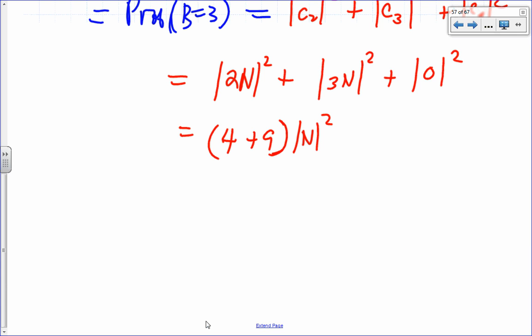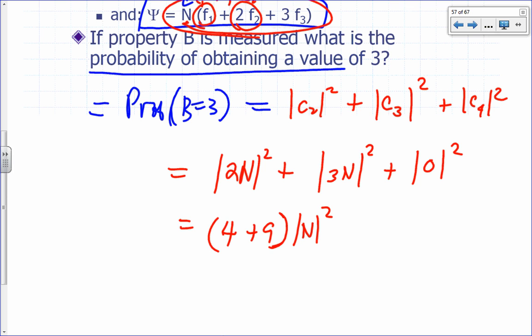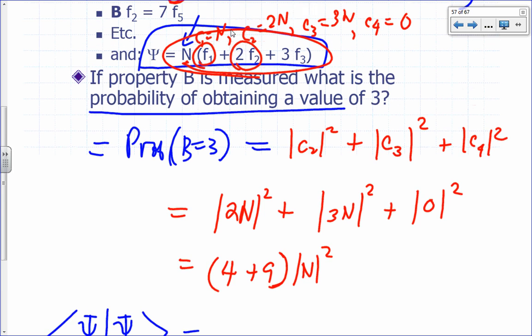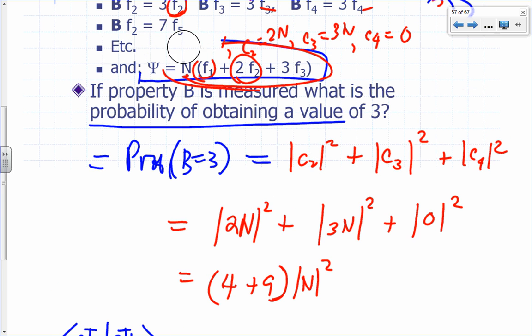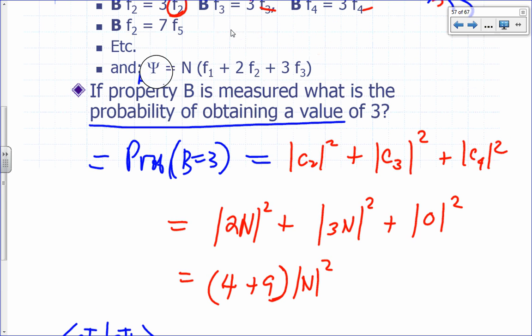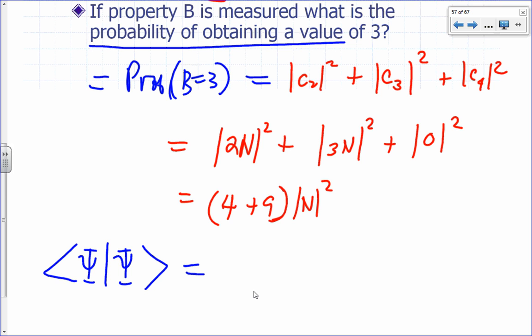Okay. So what do we do to determine absolute value of n squared? We normalize the function, right? Psi must be normalized. So what do you remember from the normalization? Integral of psi star psi d tau is equal to what? If your functions are an orthonormal set, and F1, F2, and F3 are part of an orthonormal set, what is this integral equal to?